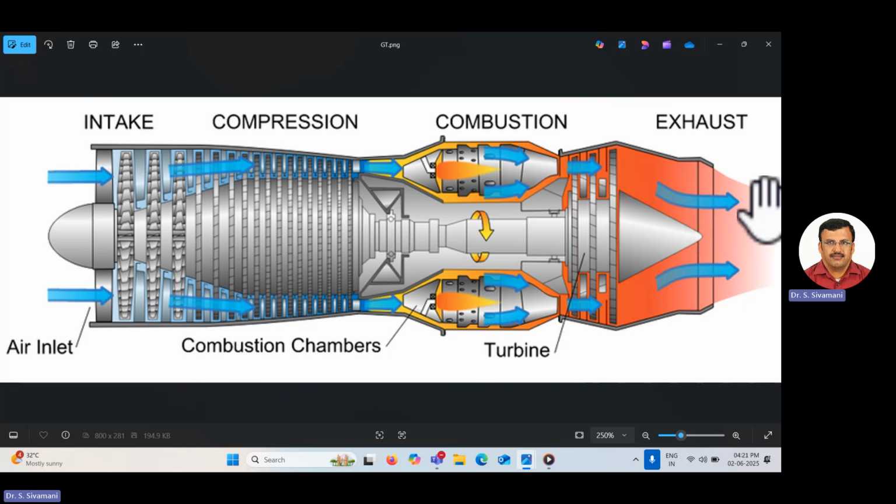So the exhaust gas may contain CO2, H2O, and if the combustion is incomplete, it may contain CO also, that is carbon monoxide. And apart from carbon dioxide, steam and carbon monoxide, if nitrogen is involved in the reaction, then oxides of nitrogen also may come out in the exhaust gas. So this is the simple diagram of the Brayton cycle.